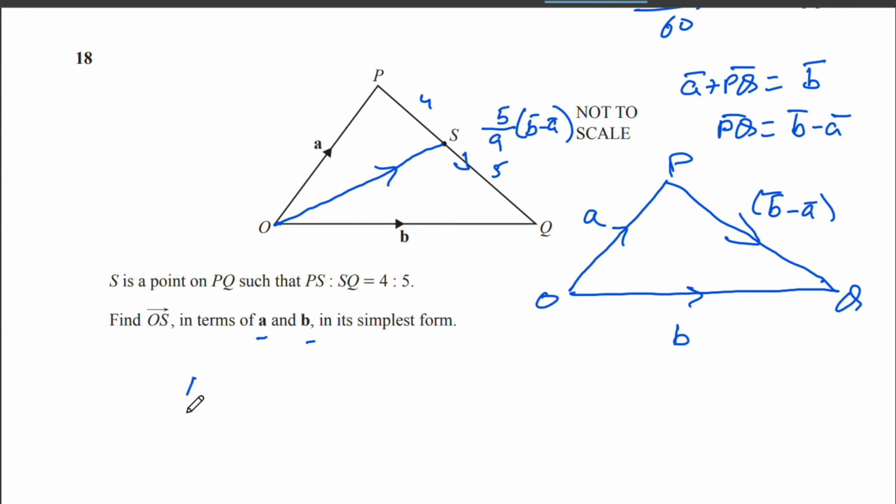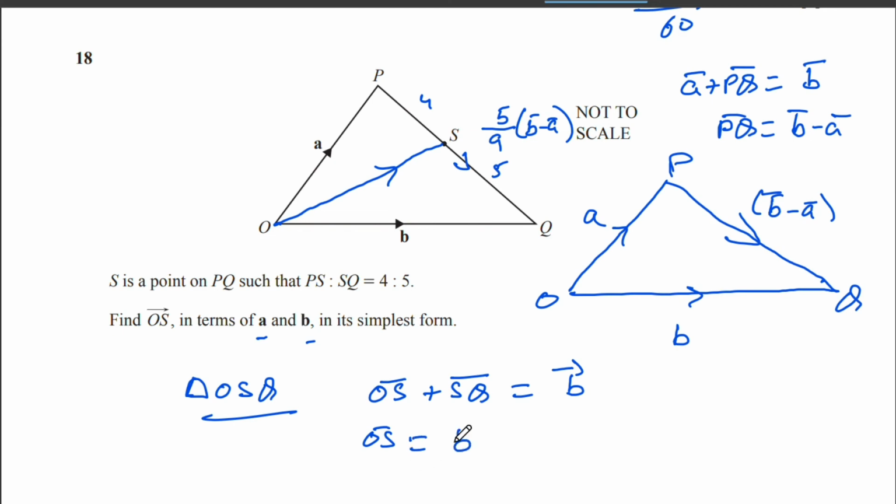That is SQ vector. Now taking the triangle OSQ. Again see, OS and SQ are in continuation direction and B is opposite. So that means B is the resultant of these two. So OS plus SQ equals vector B. So OS will be B minus SQ.